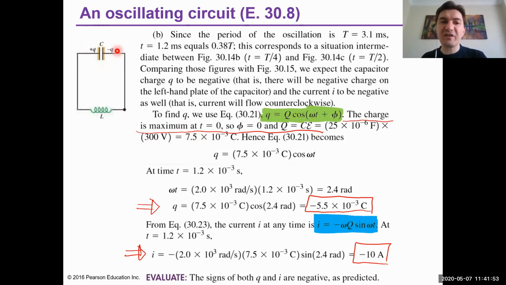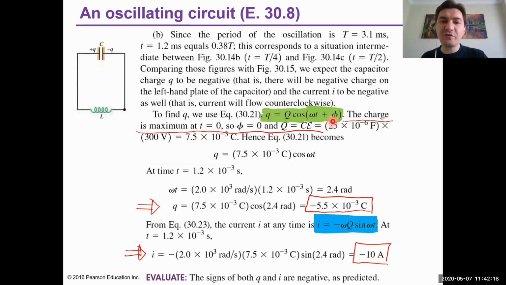We fully charge the capacitor. When the time is 0, we have the maximum charge, okay? And put t equals 0 here. When the time is 0, this small q is also equal to Q, okay, maximum charge. And then this phi will be 0.